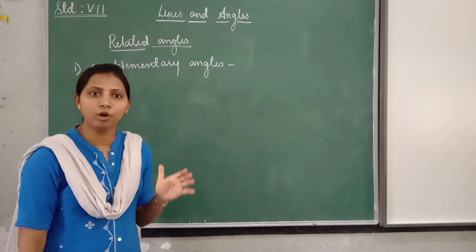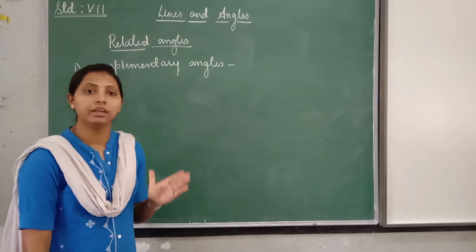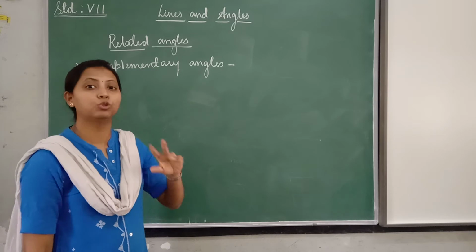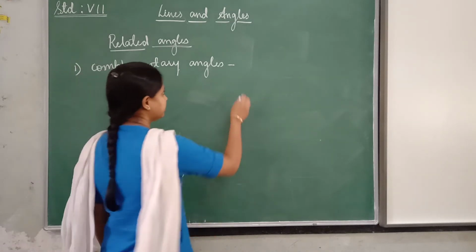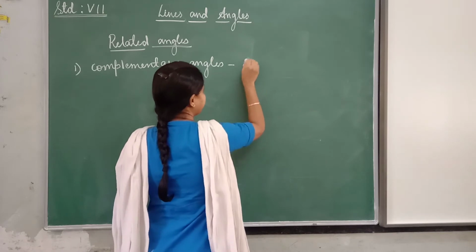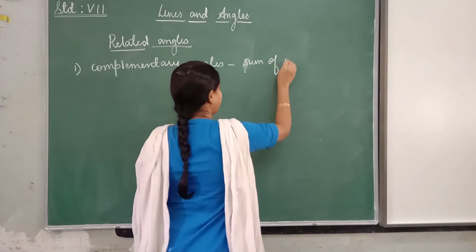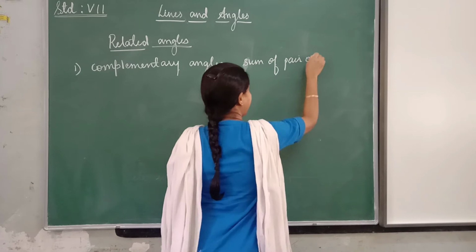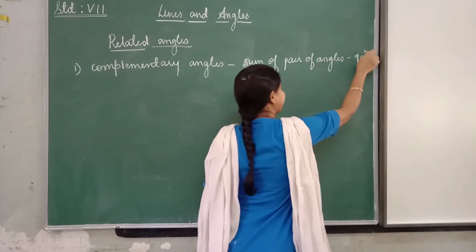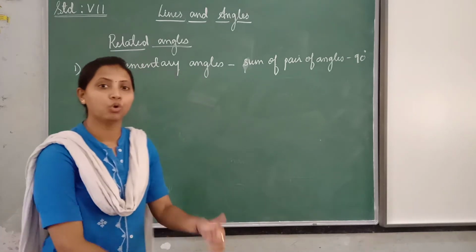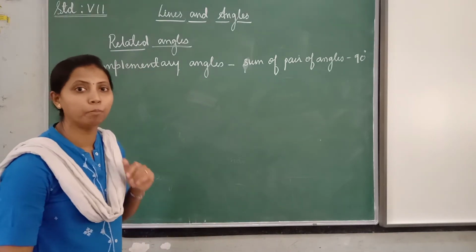When the sum of a pair of angles is exactly 90 degree, children, then those two angles are said to be complementary angles.